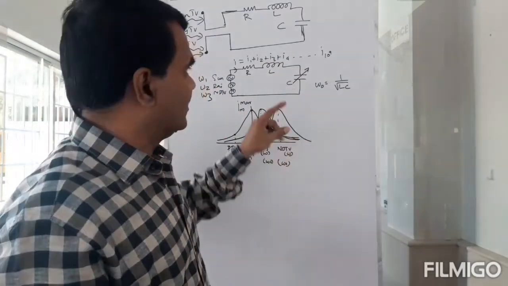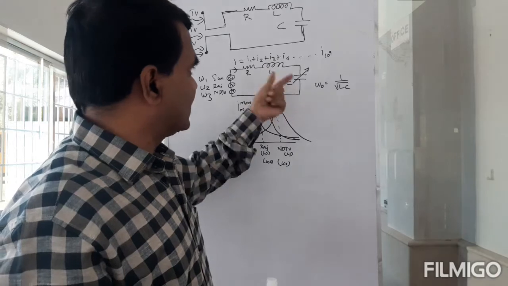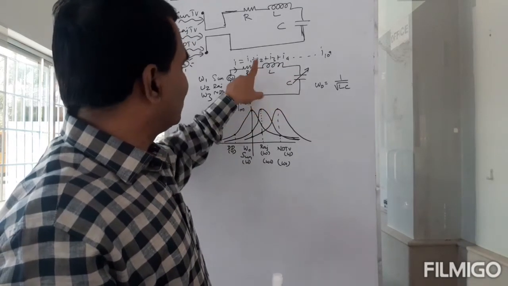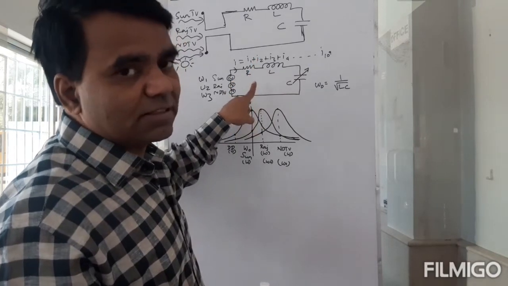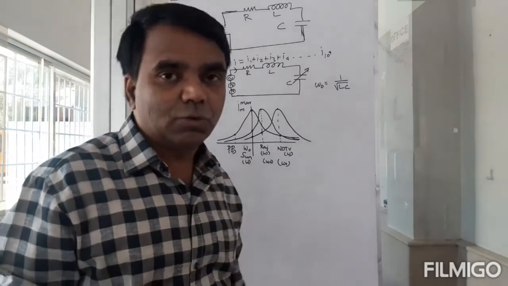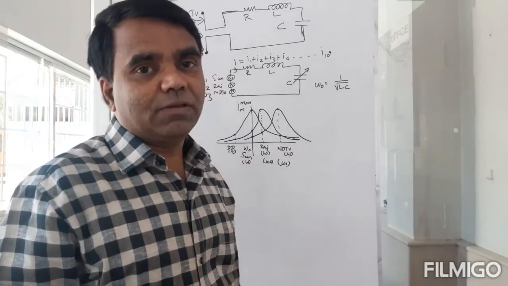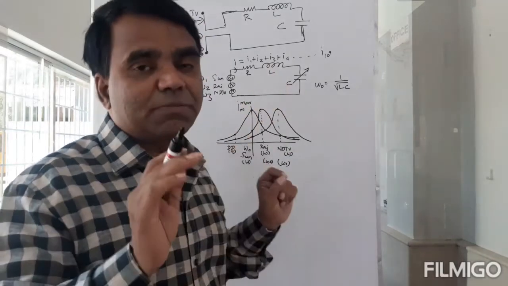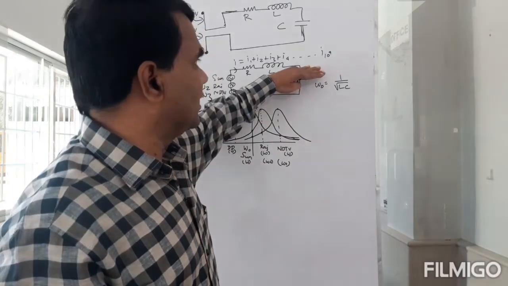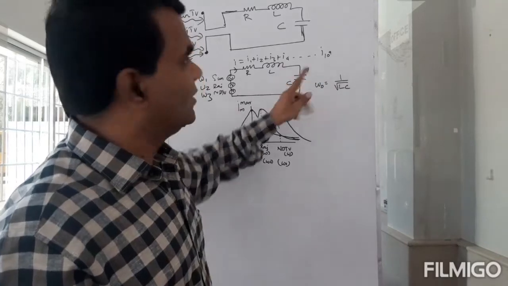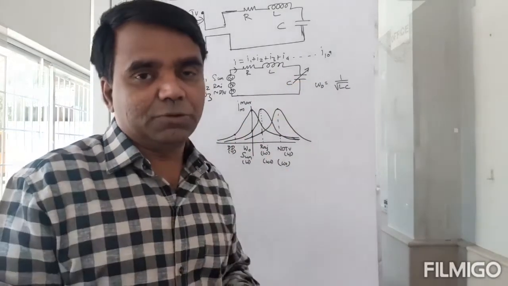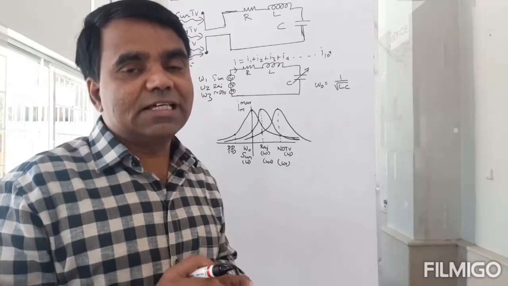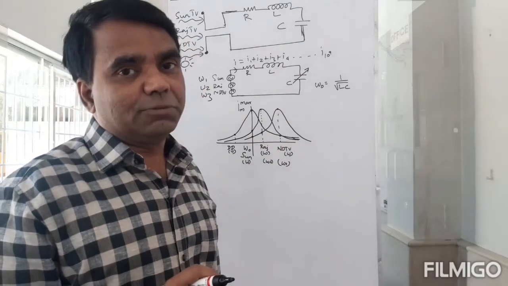So there is a possibility that at some value of XL and XC, this voltage and this voltage will cancel, and you will have only the resistance in place. Then the maximum current will flow at that frequency. So for tuning, for resonance, L and C must be present in the circuit. You can't do it just with L. You can't do it just with C. Both L and C must be present. Only then can resonance take place in this circuit.